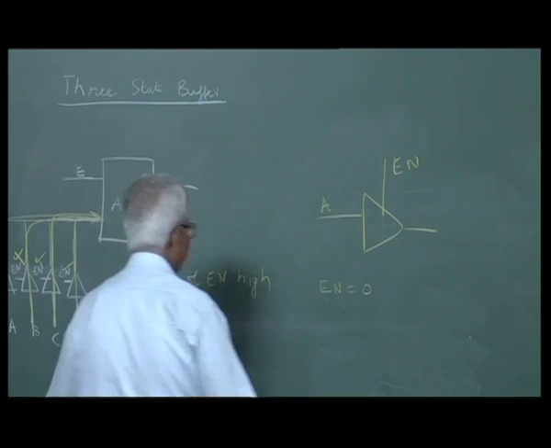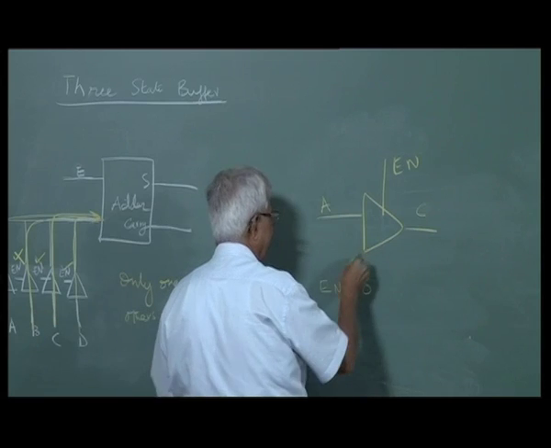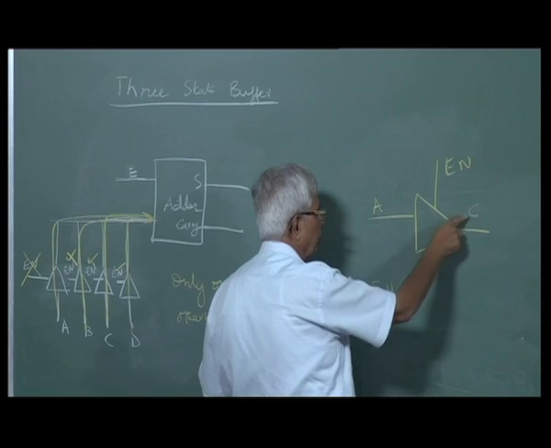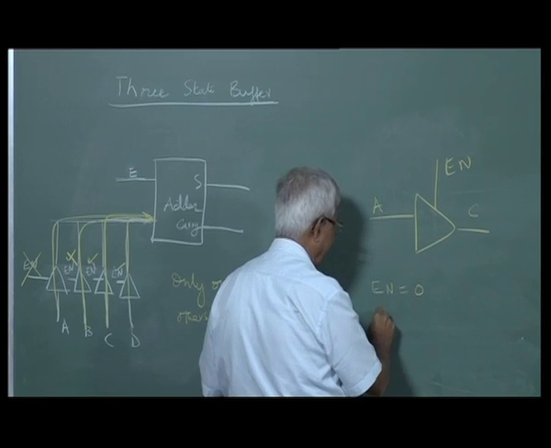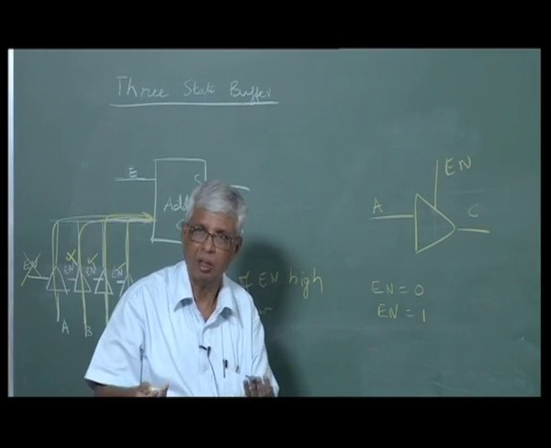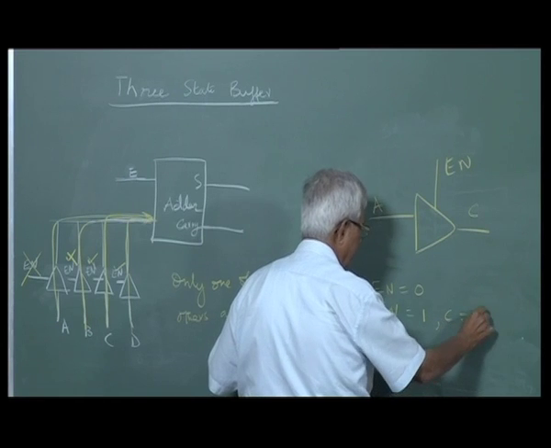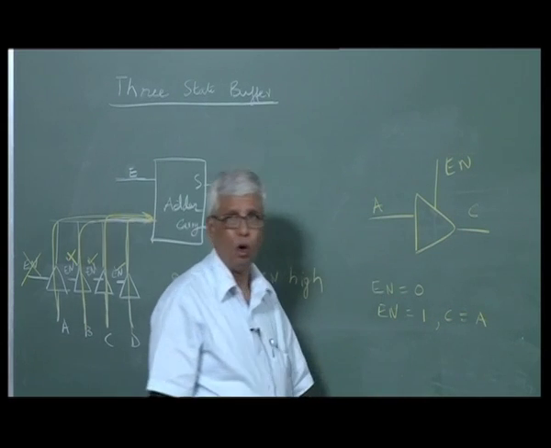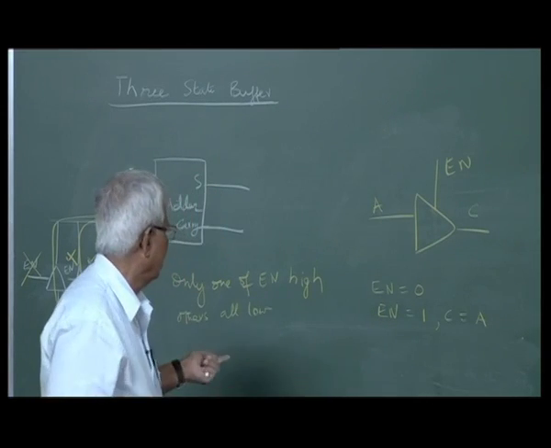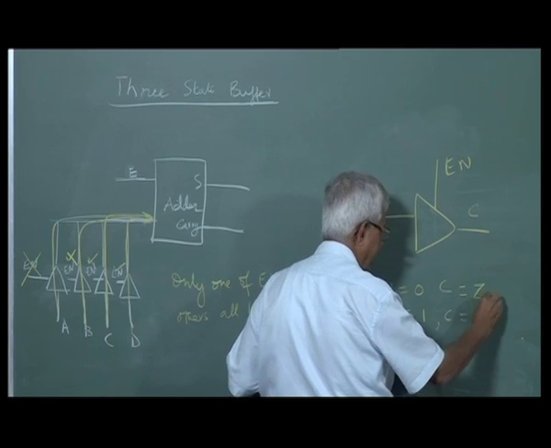I will call it C. Not this C, don't confuse this C and this C. This is another circuit, and in fact there is a buffer whose input is A and output is C. If enable is 1, high, 1 is high, 5 volts or 3 volts or 1.2 volts, whatever, C is same as A. What if enable is 0? It cannot be 0. C cannot be A bar.